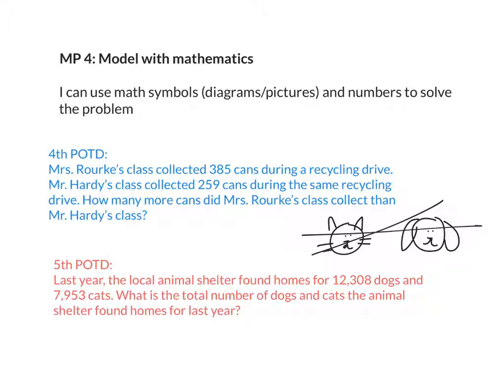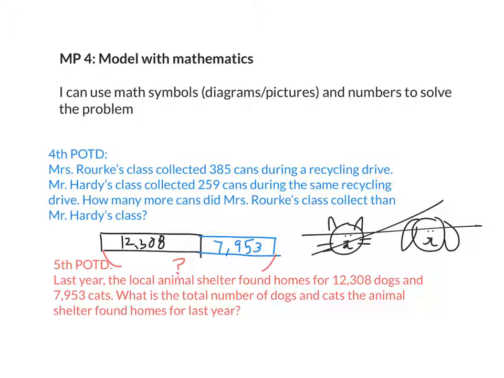That would not be evidence of MP4. Instead, what I could do is draw what's called a tape diagram. I could show that there are 12,308 dogs, and I'm going to add to that 7,953 cats, and what I'm trying to find is how many animals there are altogether. Okay, that's an example of a math picture.